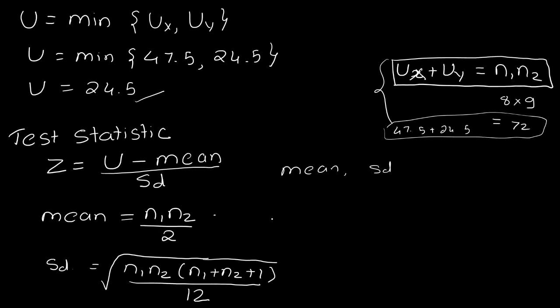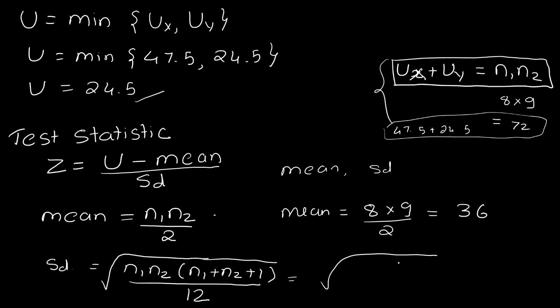So if I calculate this, my mean will be n1 is 8, n2 is 9 divided by 2, so that is 72 by 2, that is 36. So my mean value is 36. Now for the standard deviation, n1 is 8, n2 is 9, n1 plus n2 plus 1 is 17 plus 1, that is 18, by 12, and once you solve, this value will be 10.39.